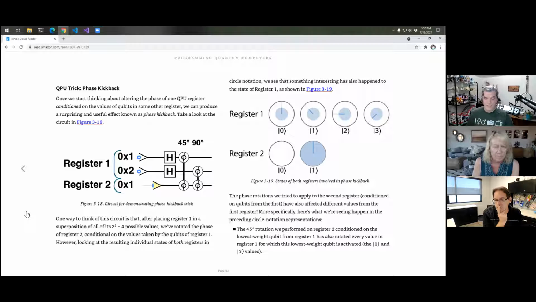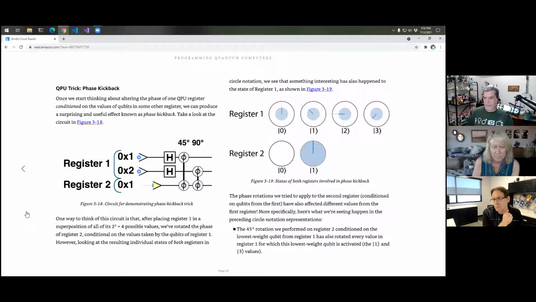However, looking at the results of individual states of both registers in circle notation, we see something interesting has also happened to the state of register 1. The phase rotations we try to apply to the second register, conditioned on qubits from the first, have also affected different values from the first register.